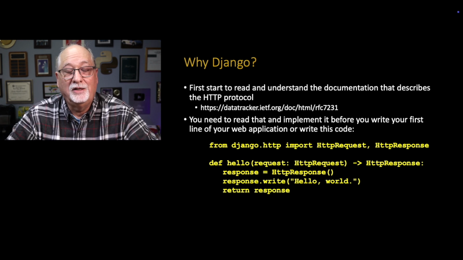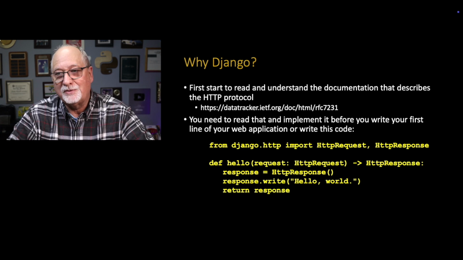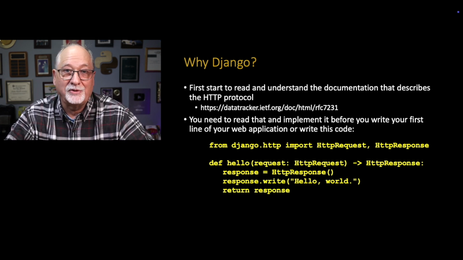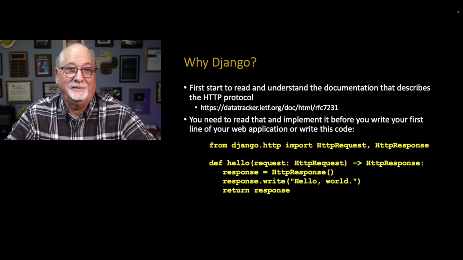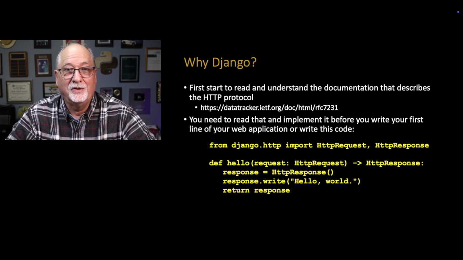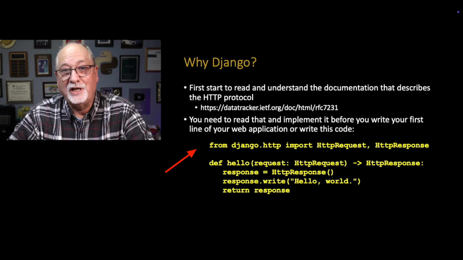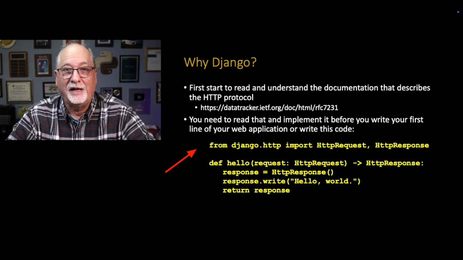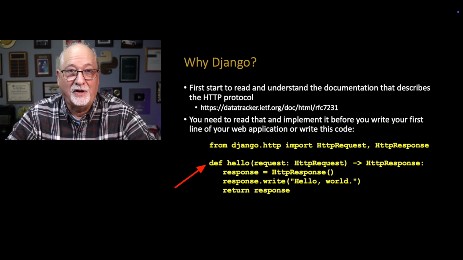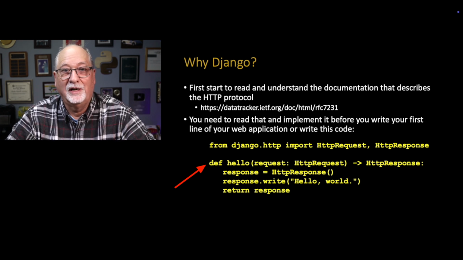Like I said, do you really want to read RFC 7231? It is over 100 pages, and it's detail upon detail upon detail. If you start reading it, you will realize it's really well defined how browsers and web servers talk, but you really don't want to read it, especially when someone else has written all the code, and all you have to do is import HttpRequest and HttpResponse from django.http and then write a 4-line function that takes as its input an HTTP request and returns an HTTP response.